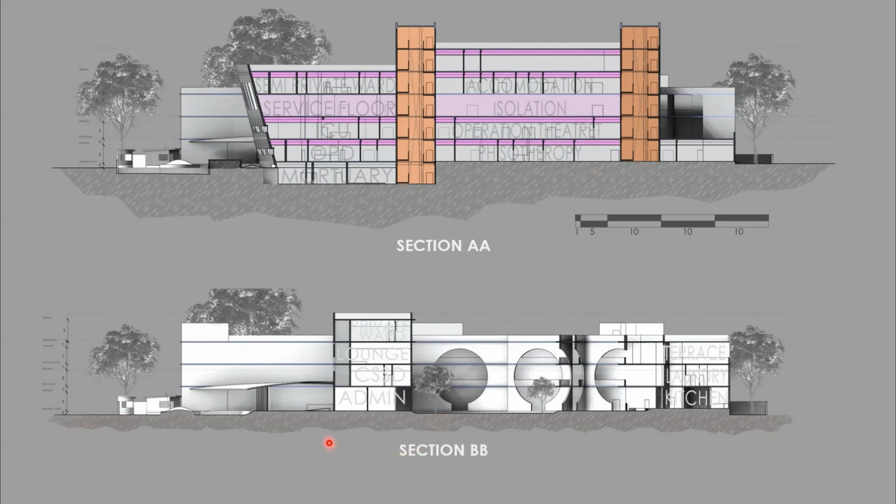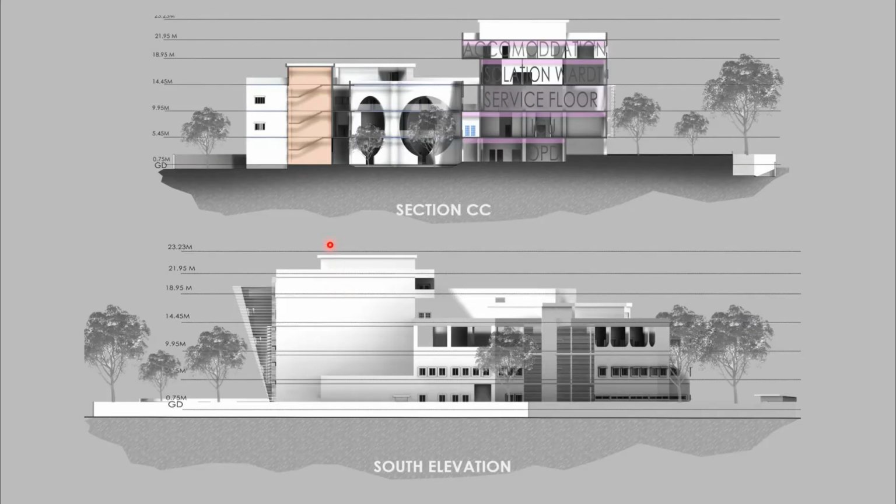Section B dash is a longitudinal section cut through the courtyard, where spaces such as the doctor's lounge and private ward can have a nice see-through towards the courtyard. Section C dash is a vertical section cut through the courtyard, where we have heavily built the western facade in order to provide shade into the courtyard.